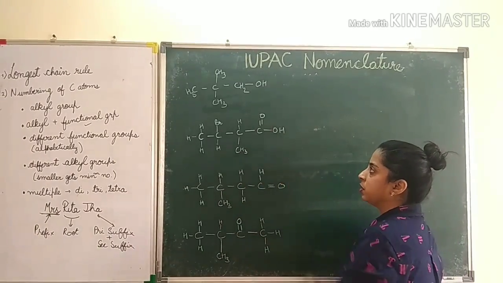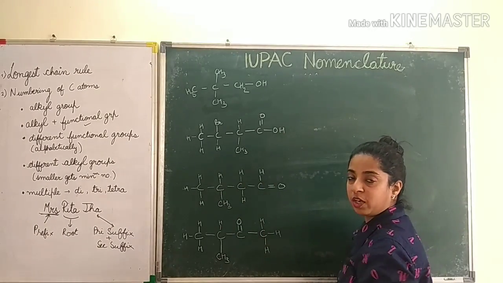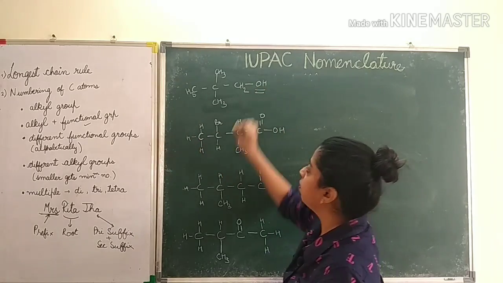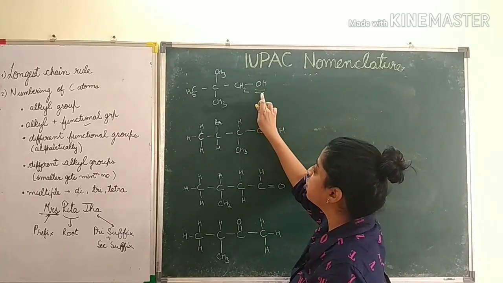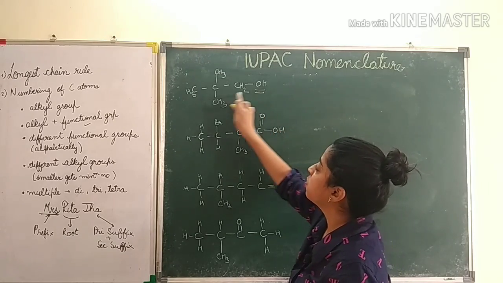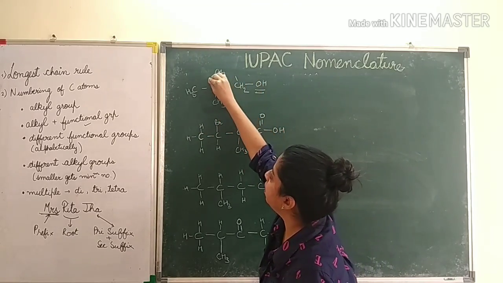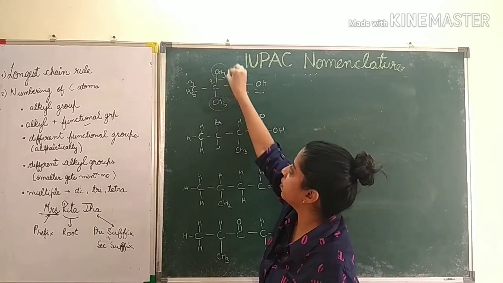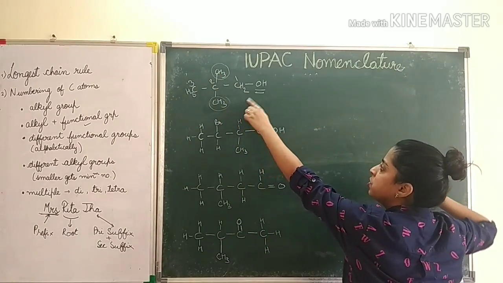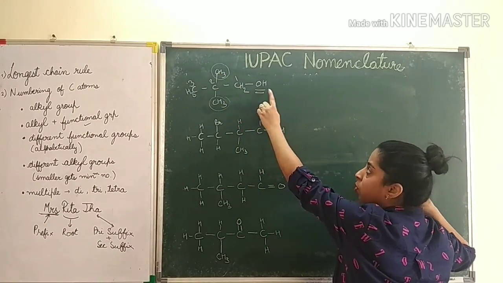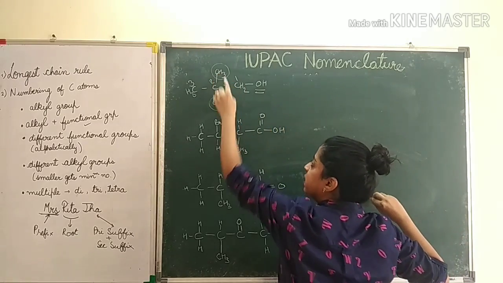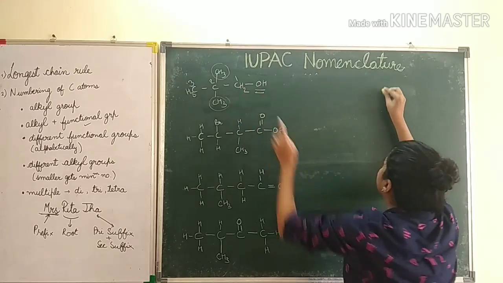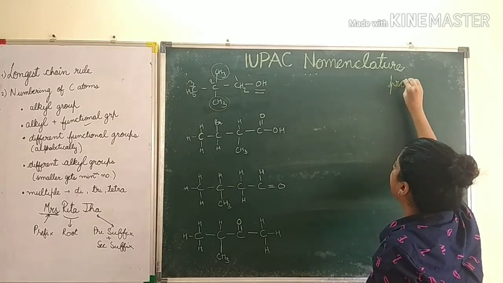Now see here students, in this we have taken a few functional groups. Now in this you have got an alcohol functional group, right? So this should get the minimum possible number. So I will start numbering from here, 1, 2, 3, and then you just mark the substituents. At one position you have got the functional group which will act as suffix, and these two will act as prefix, and there are 3 carbon atoms. So first you will write prop.